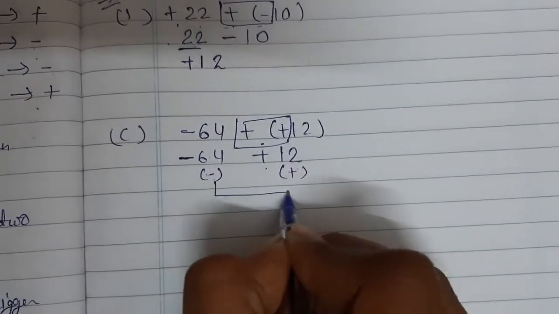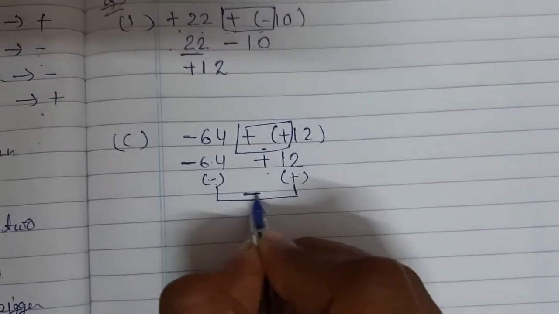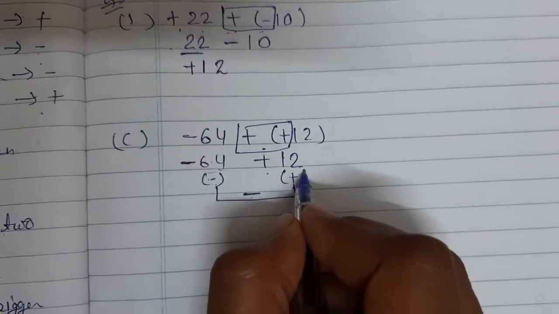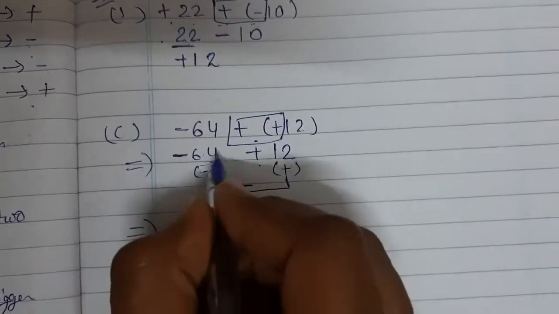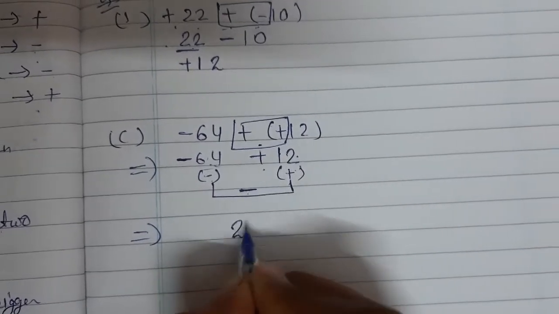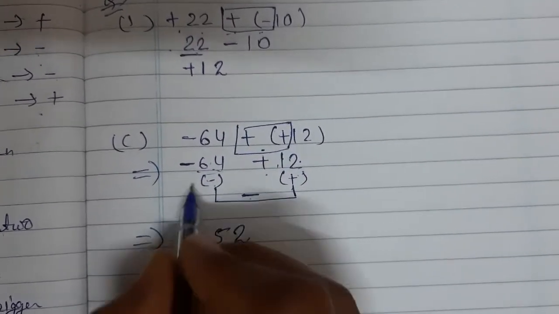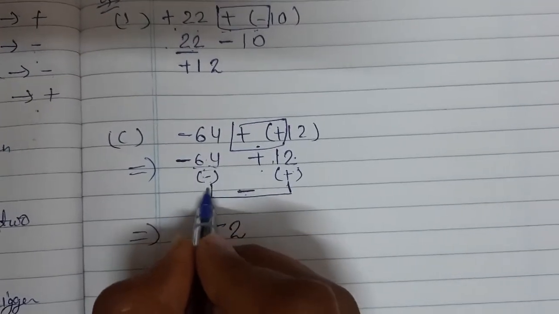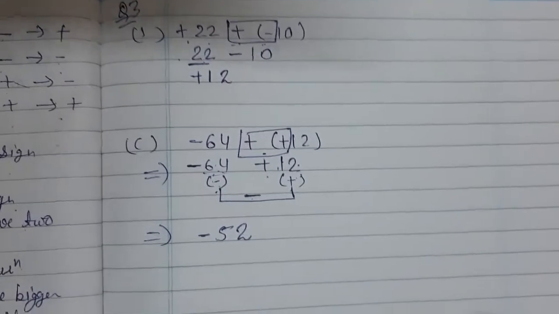So minus plus means what operation are you taking? Minus plus minus, so you have to subtract both digits. 64 minus 12 gives 52. The bigger digit is 64 and its sign is negative, so the answer is also negative.